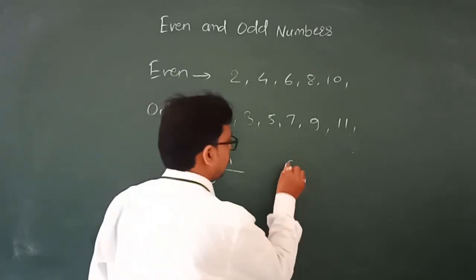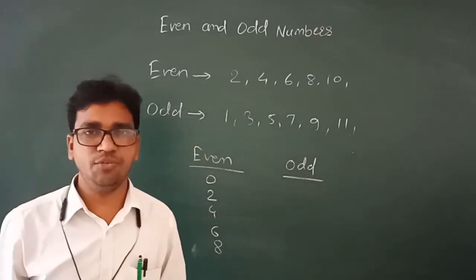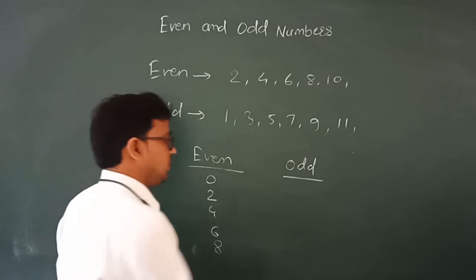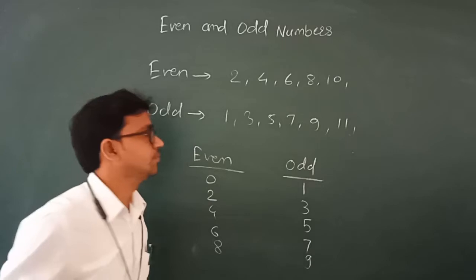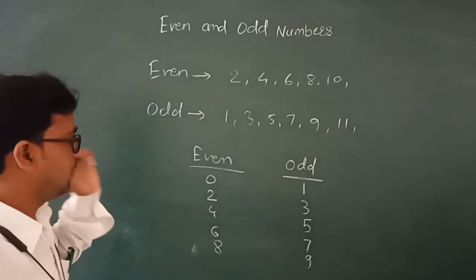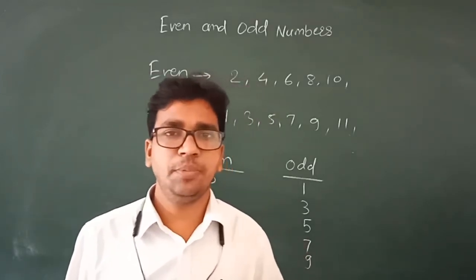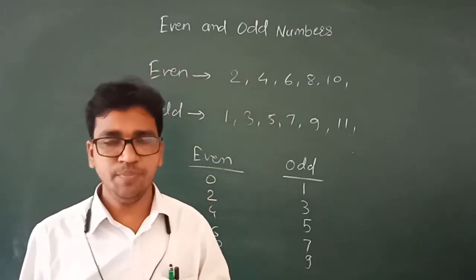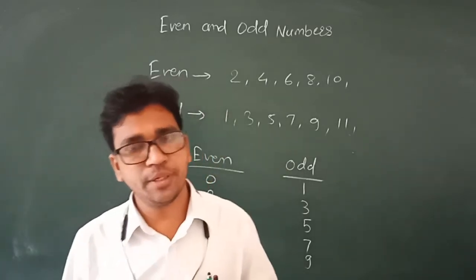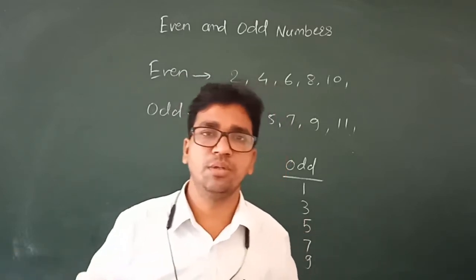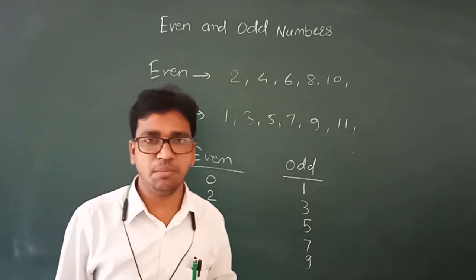And odd number means what? The numbers which have 1, 3, 5, 7, 9 at their ones place. So even number means the numbers which have 0, 2, 4, 6, 8, or we can keep it into pairs. इस दो के पेयर हम बना सकते हैं, ठीक है? 2's table we can make, it is even numbers.